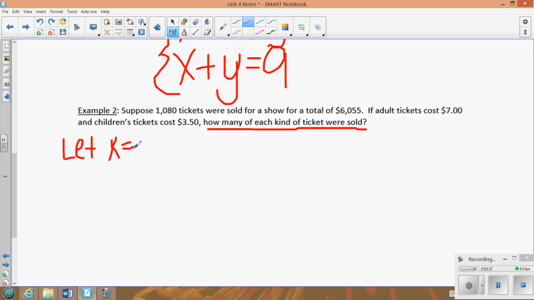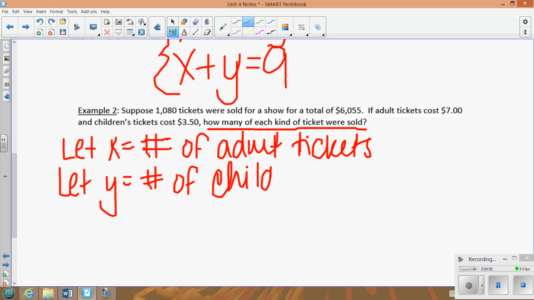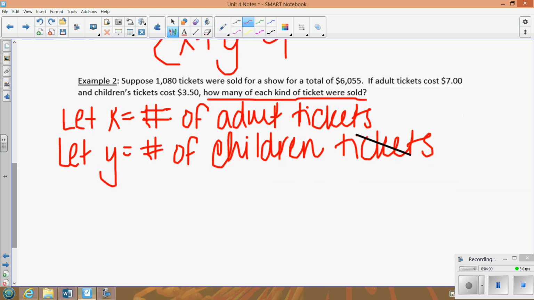x should be the number of one of the types, so let's say adult. So let x equal the number of adult tickets, and let y equal the number of children's tickets. So what that means is, let's go back and reread the problem and see how this applies.